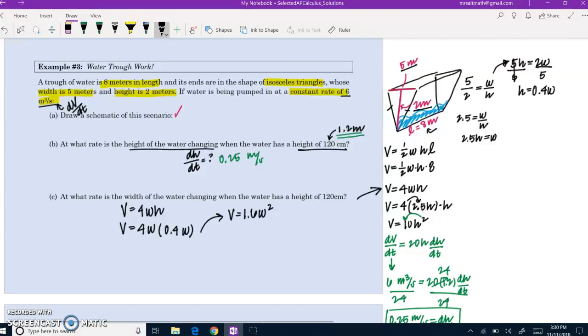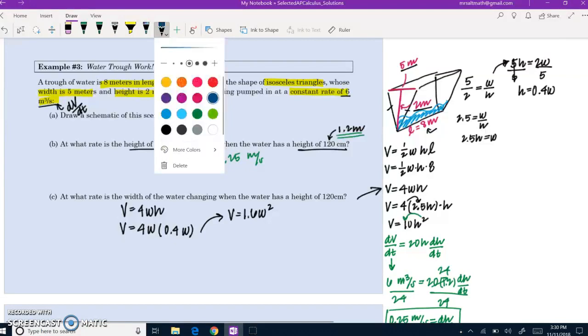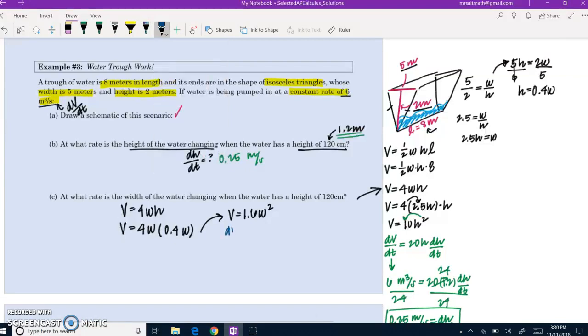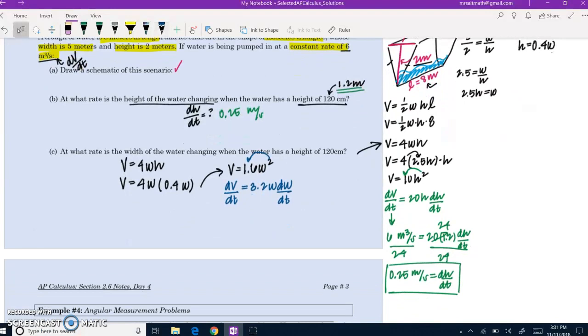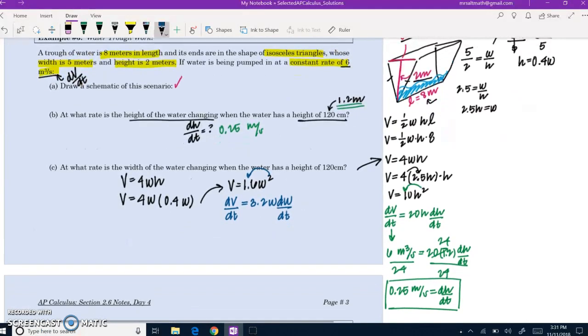At that point, I get to go ahead and repeat the differentiation process. So I'll have dV/dt equals, if I bring this 2 out in front, 3.2 W dW/dt. And then I can substitute in my values. My dV/dt was 6 meters cubed per second.